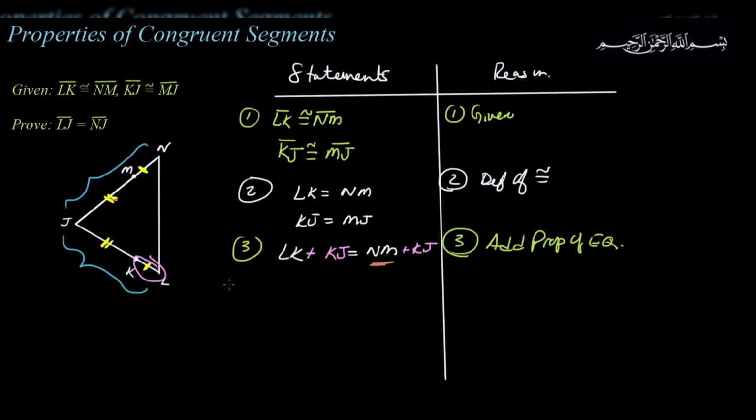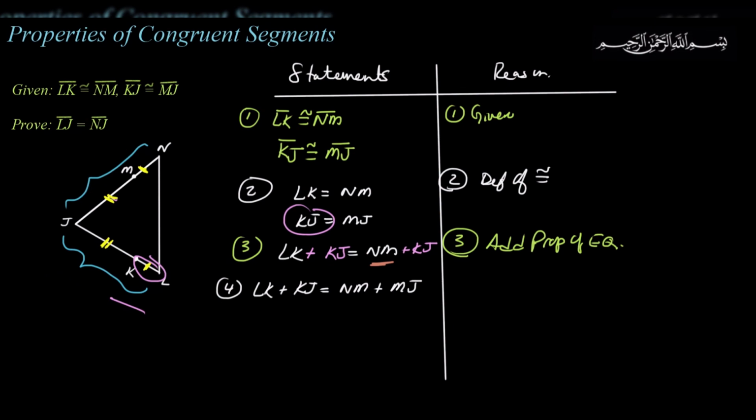So I'm just going to rewrite this side. LK plus KJ is equal to NM plus MJ. So all I did was substitute this in place of that. Now I have this and this on this side, and this and this on this side, right?